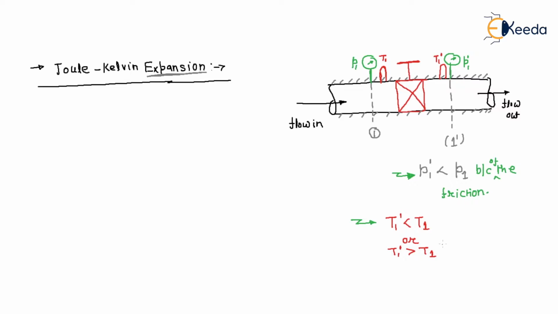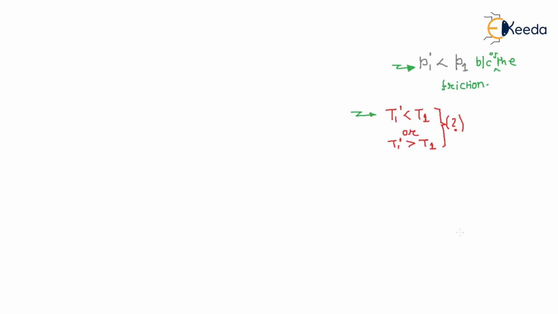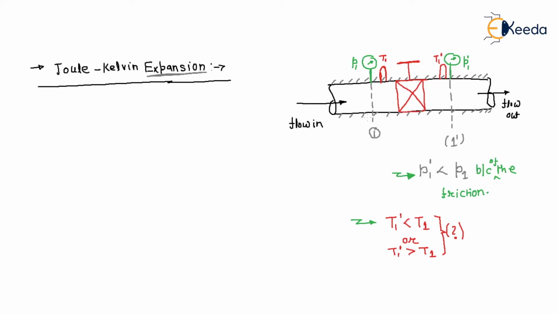This may be possible. So how can you say that these two processes are possible? Number one is that due to friction in the pipe, the intermolecular energy will increase. Why? Because there is friction.